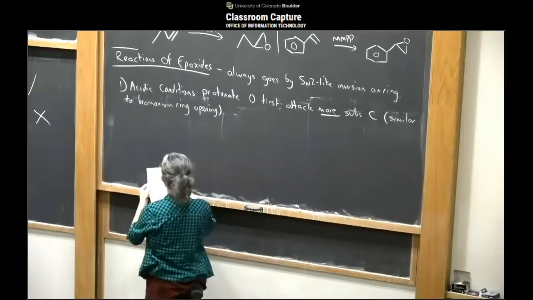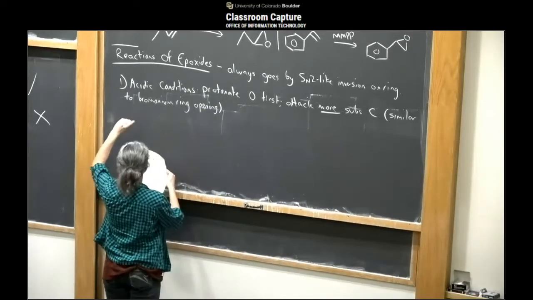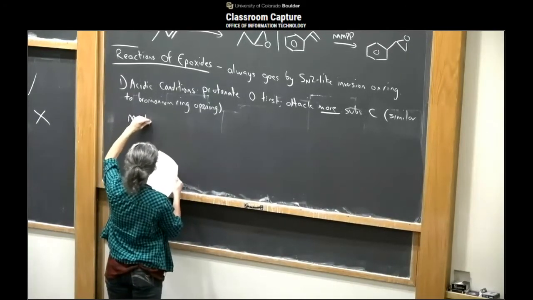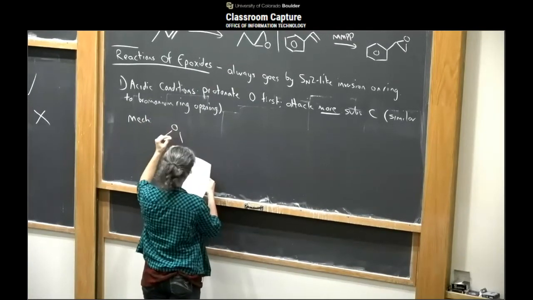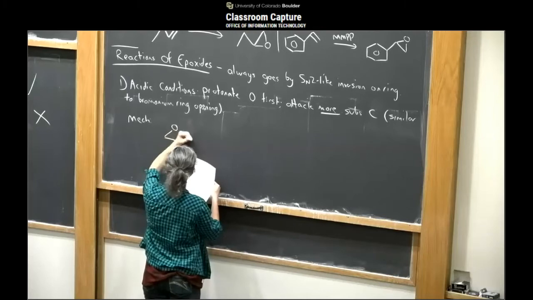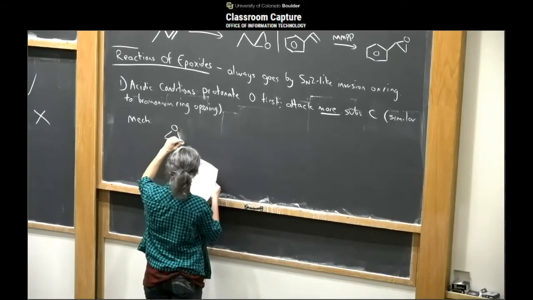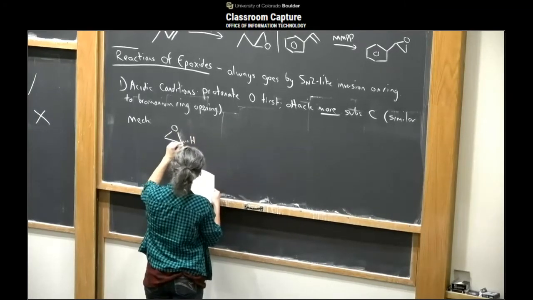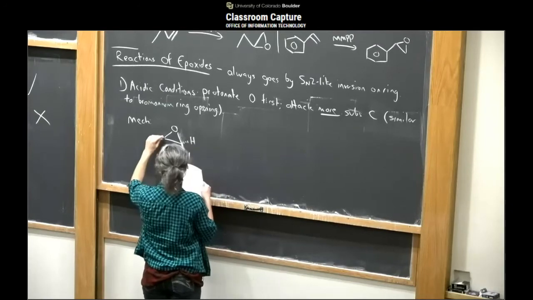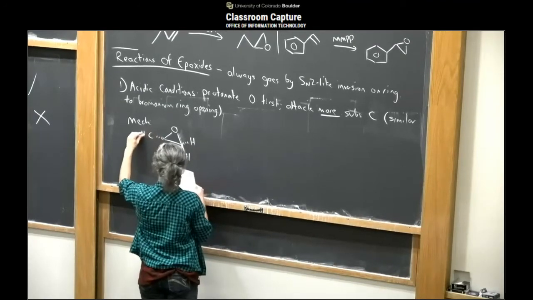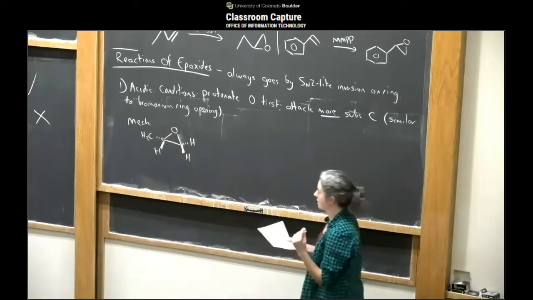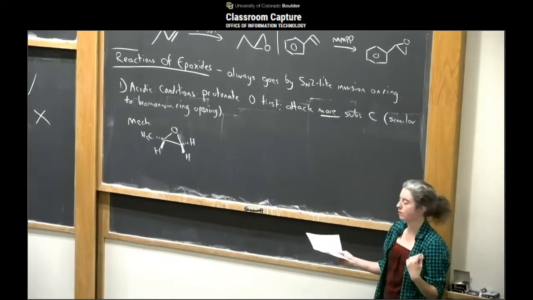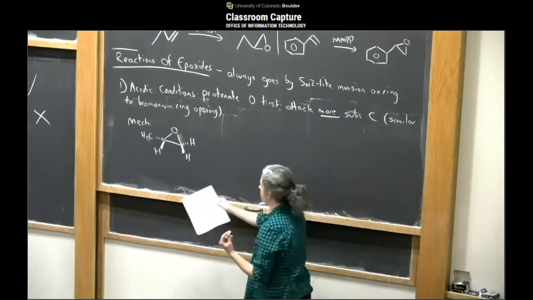Okay, so maybe let's do the mechanism first, and then look at some examples. All right, so say this is our epoxide. We've got a clear more substituted and less substituted side of the ring.